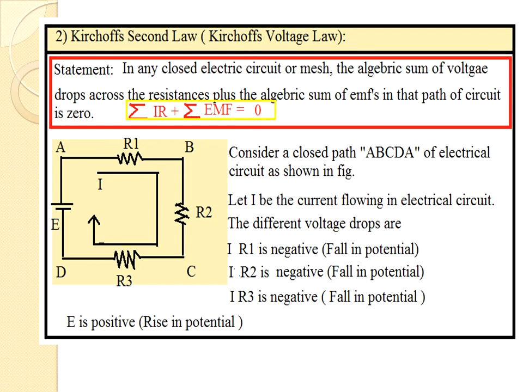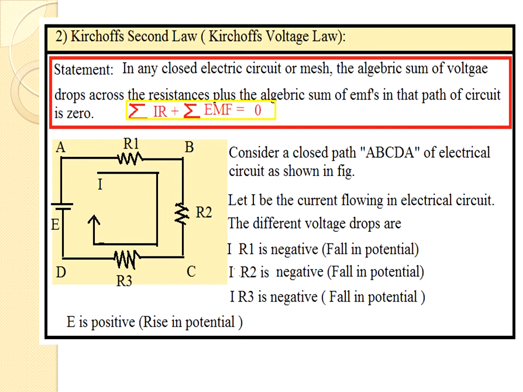Now, how do we consider voltage drops positive and negative? For that, we have to assume: if loop direction and current direction are the same, then there is a fall in potential. If loop direction and current direction are opposite in the case of resistances, there is a rise in potential.